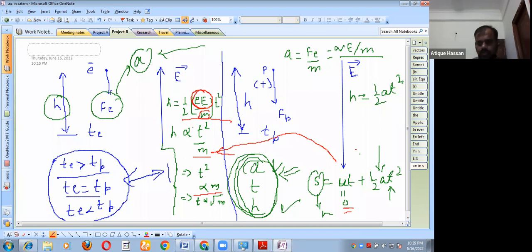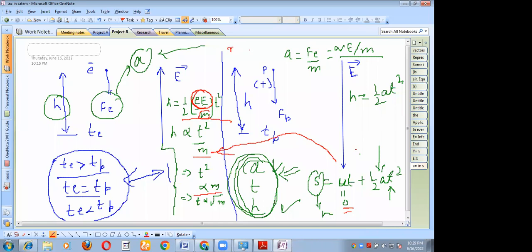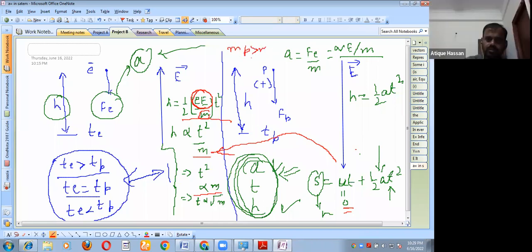Now tell me, which is having more mass, proton or electron? Obviously, mass of proton is greater than electron. Electron is very light. Correct. So which will have more time, proton or electron?